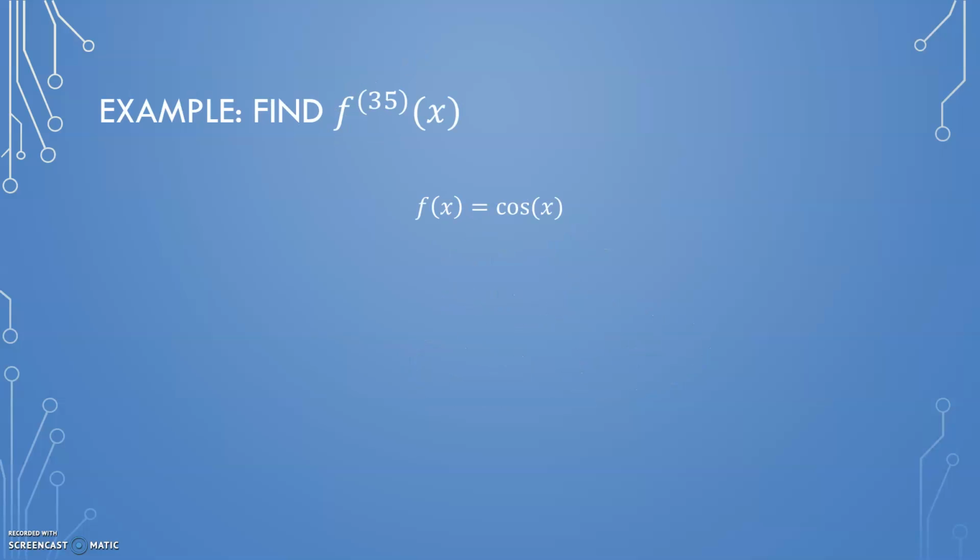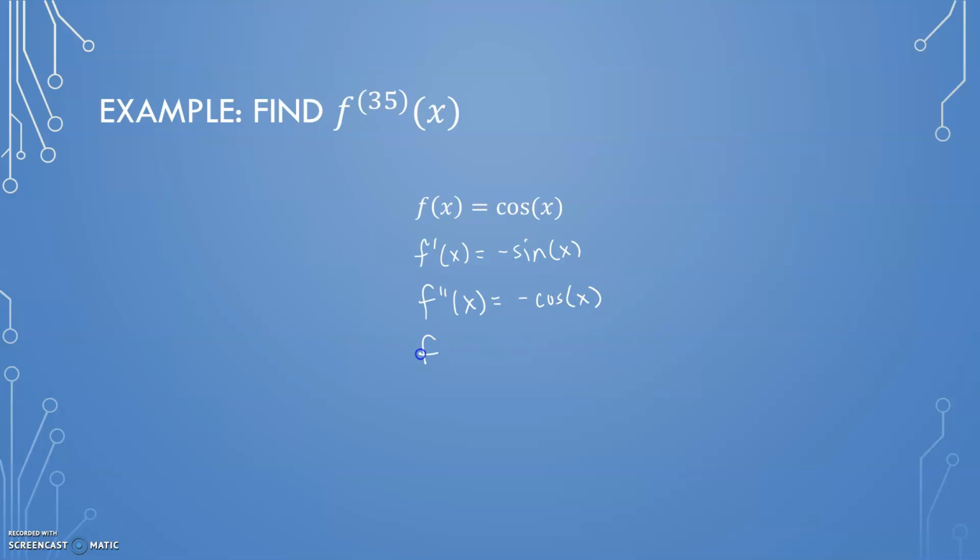Here's another one. It's asking for the 35th derivative of cosine, and I would recommend that you pause and then restart so you can see how I did it, but you might have another way of doing it. So if I take the first derivative, I get negative sine. If I take the second derivative, I get negative cosine.